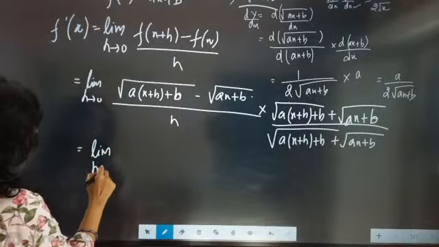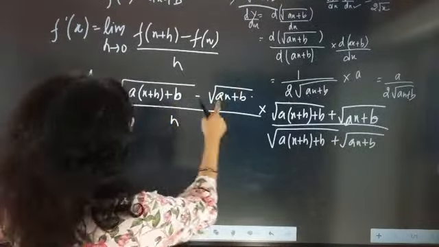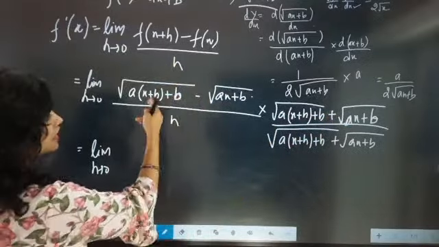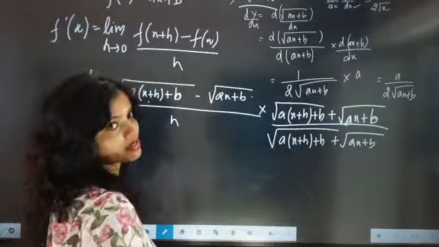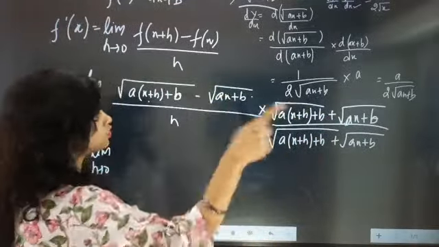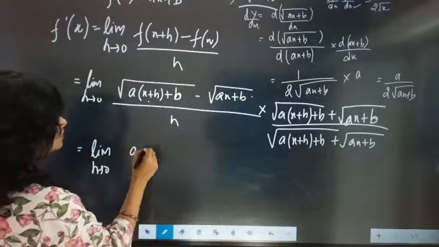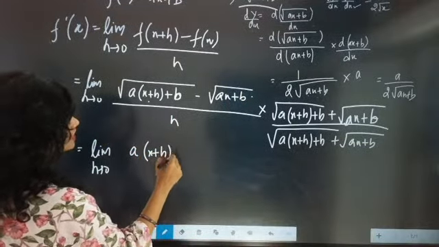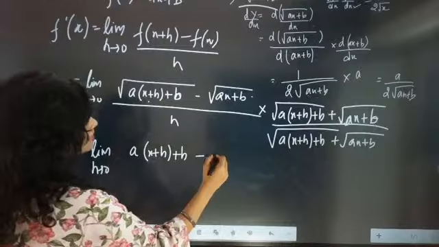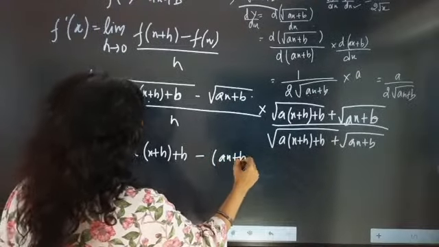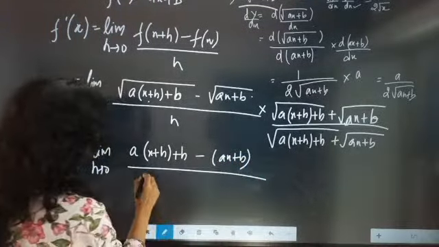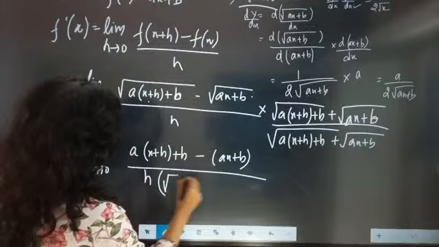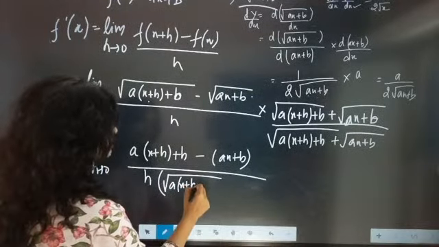We can skip steps, we can dance the question with it. So (a minus b)(a plus b), with roots, is a square minus b square. Now square and root will cancel, so directly it will become a(x plus h) plus b minus (ax plus b), by h times root under a(x plus h) plus b.